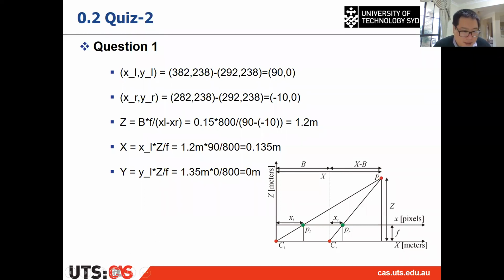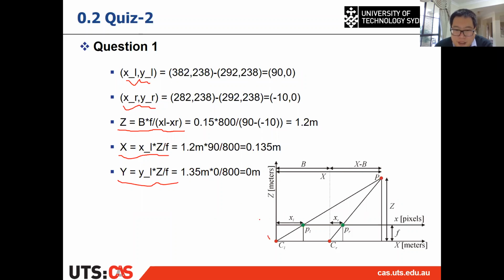Most of you have used the correct equation, which is first calculate z from that equation, second calculate x from z and that equation, and then you can calculate y as well. But I found some issues about calculating xl, yl, xr, and yr.